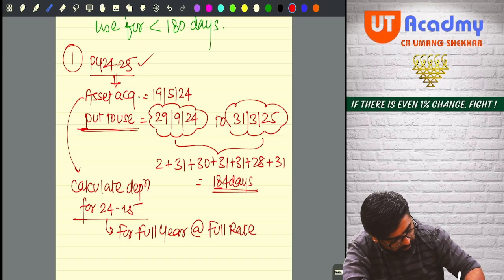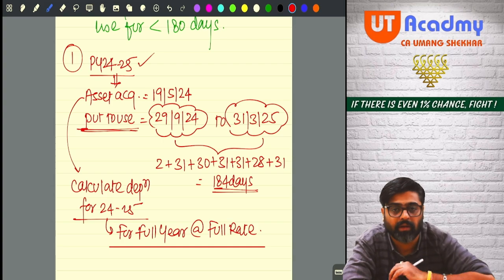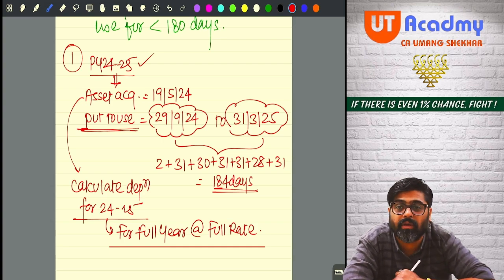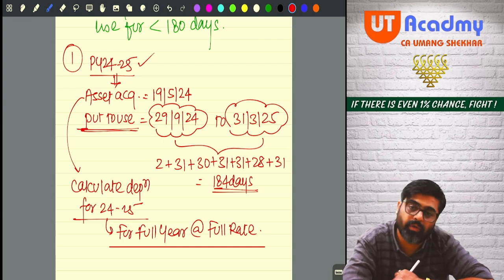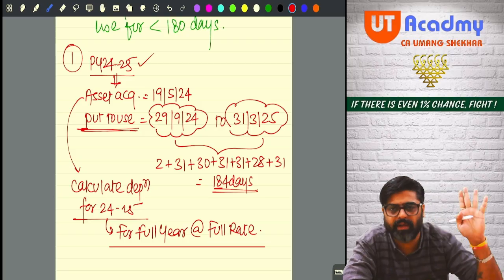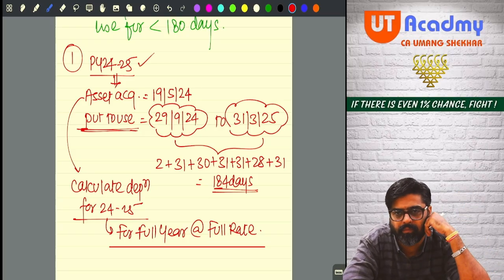Full rate also. Depreciation will always be for full year, and it will be at full rate also. Whatever rate was prescribed, apply that full rate. Done, sir. Easy or difficult?